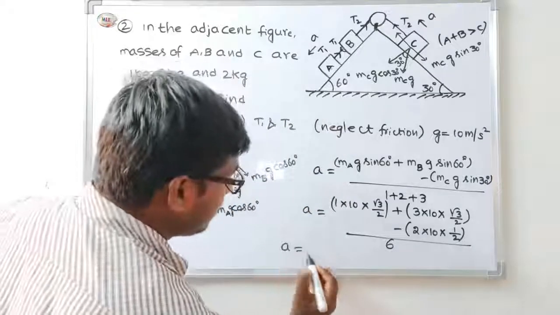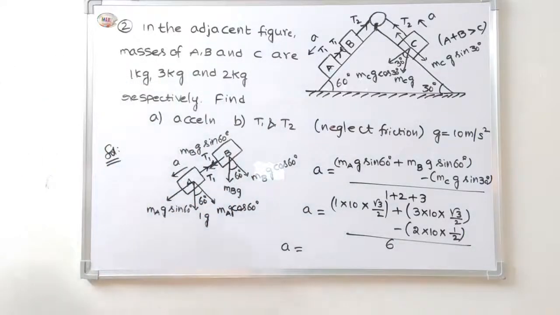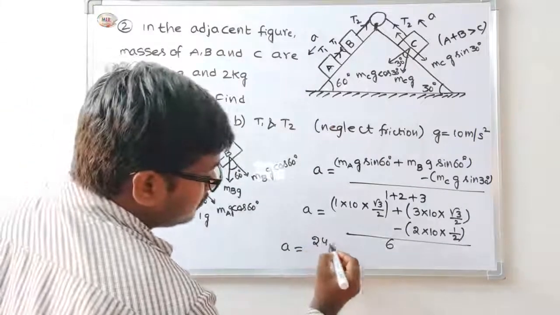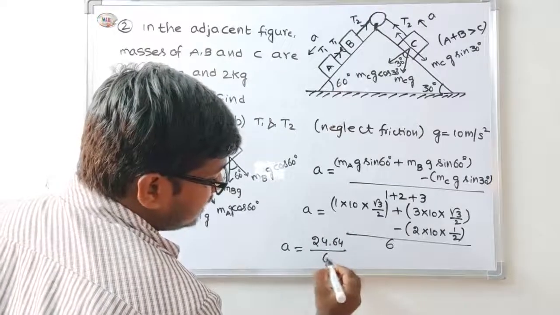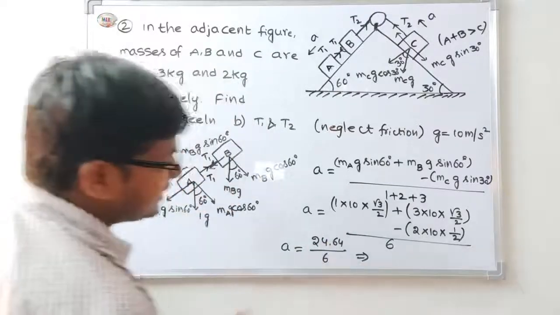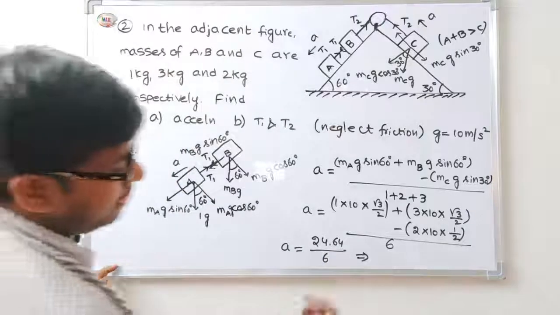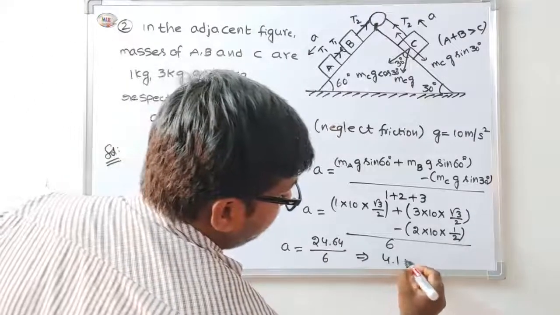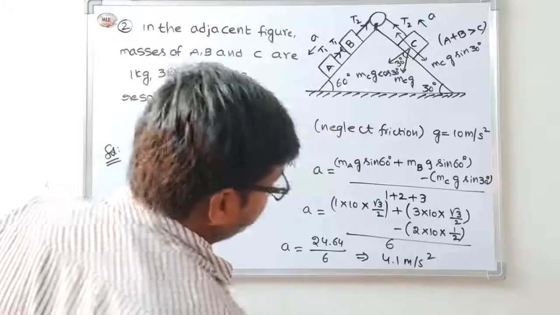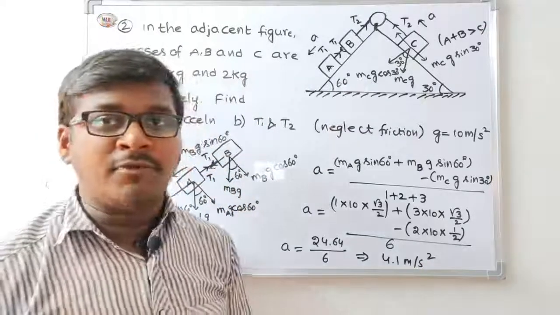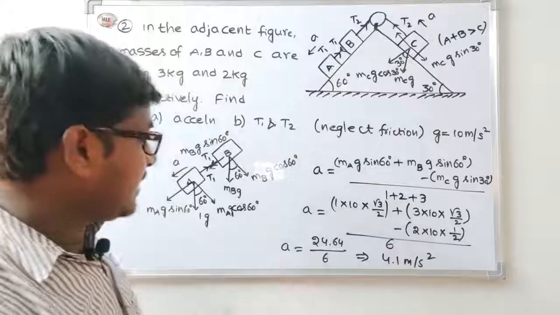Then A is equal to the simplifications 24.64 by 6. Then A is equal to 4.1, so nearly 4.1 meter per second square. The acceleration is equal to 4.1 meter per second square.